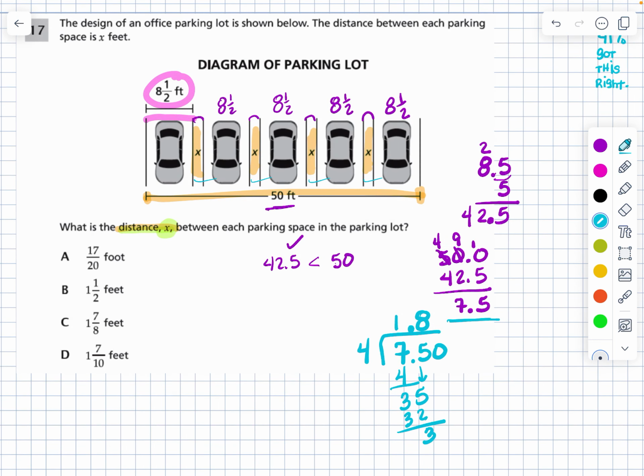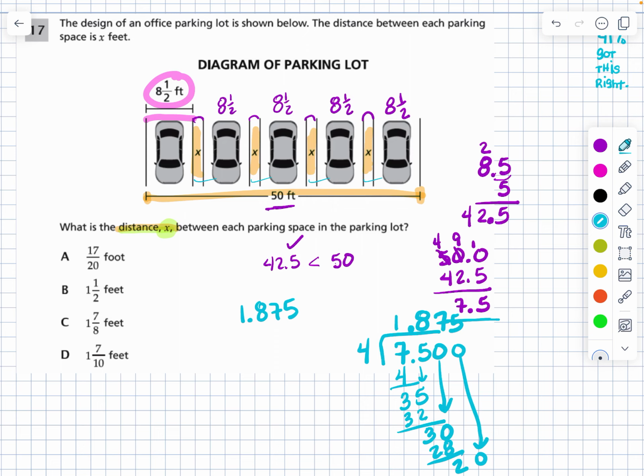Well, we're not there yet. 4 times what is 30? 4 times 7 is 28, with 2 left over, and I know that 4 goes into 20 five times. So we have 1.875. Well, guess what? All this is in fractions over here.